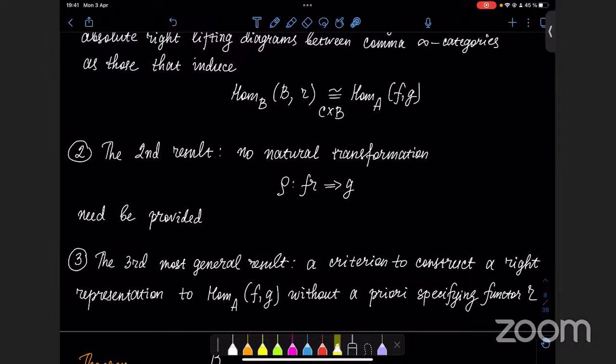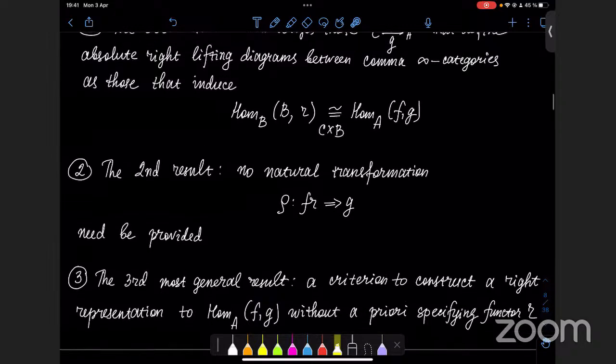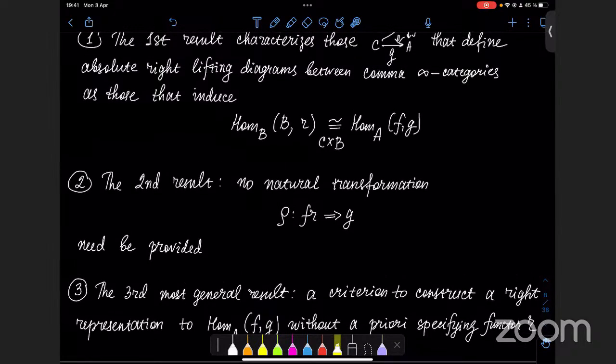In this case we have no a priori specified functor R, so we can construct this one from the hom object.